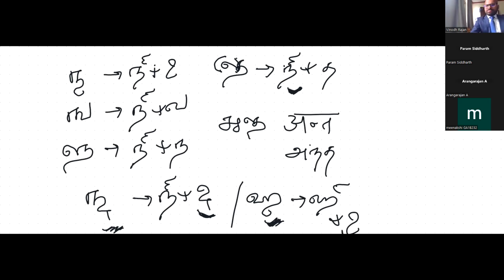These are the three special forms you'll see, where Raya and Ranya take a slightly quirky form. Apart from that, most consonants go one below the other. In some other special cases, you have special cursive forms.